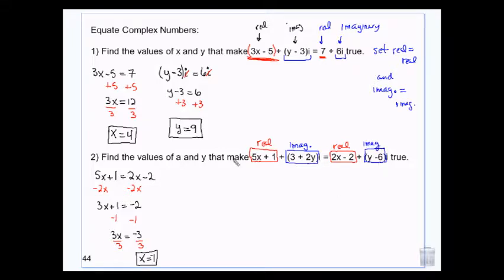So I can take those two imaginary parts and set those equal to each other. 3 plus 2y is equal to y minus 6. Subtract y from both sides, and I get 3 plus y equals negative 6. Subtract 3 from both sides, and y equals negative 9.